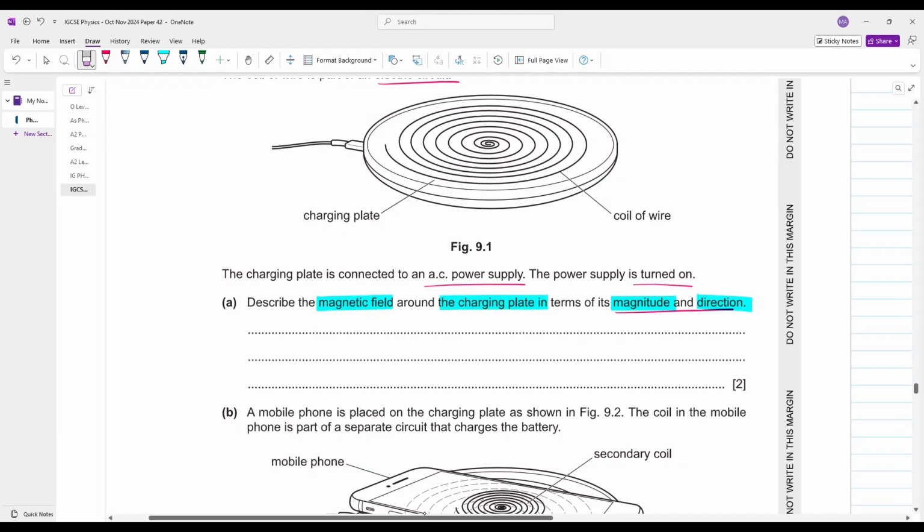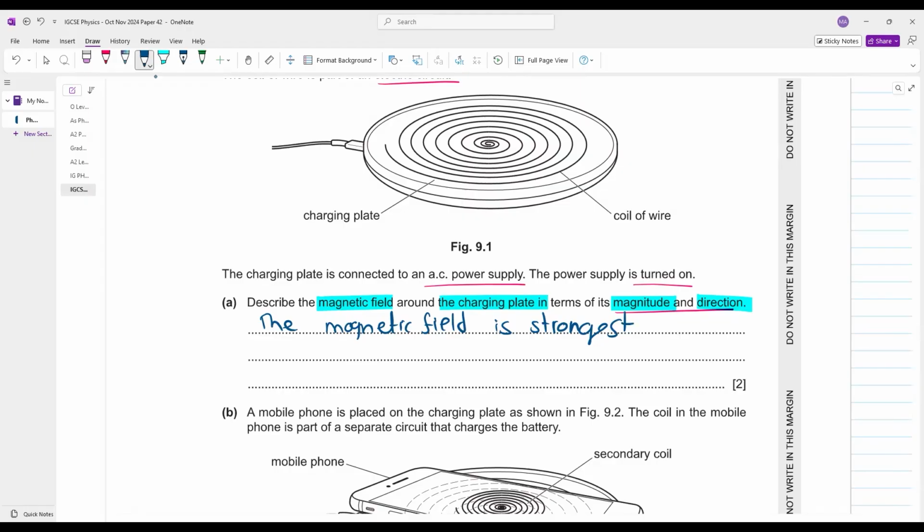So you will say the magnetic field is strongest near the coil of the wire.